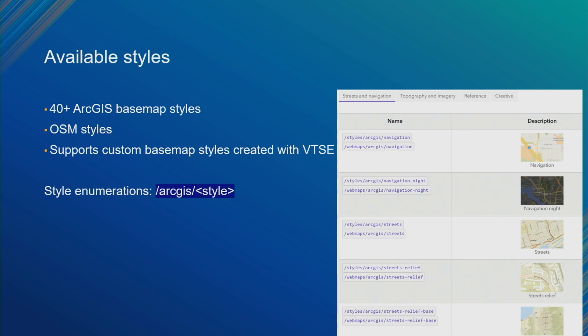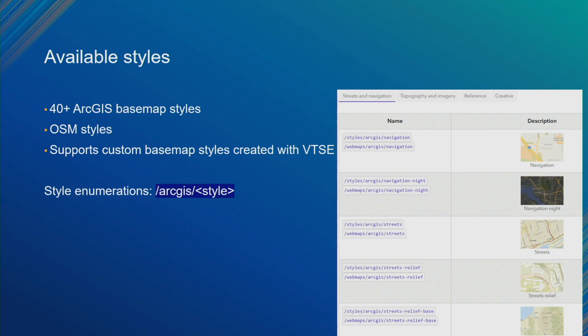I think there's like a dozen or so, but they're actually in mature support right now. We will be adding a new basemap from Overture Maps called the ArcGIS Open Basemap. I think that was shown at plenary this year, so that's something to look forward to. And then the service also supports custom basemap styles created with what's called the Vector Tile Style Editor, or the VTSE. So we'll be showing a demo of that right after this.